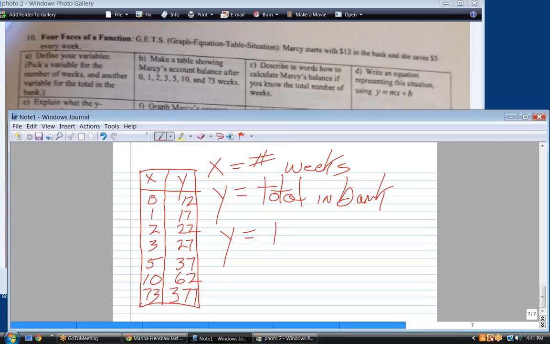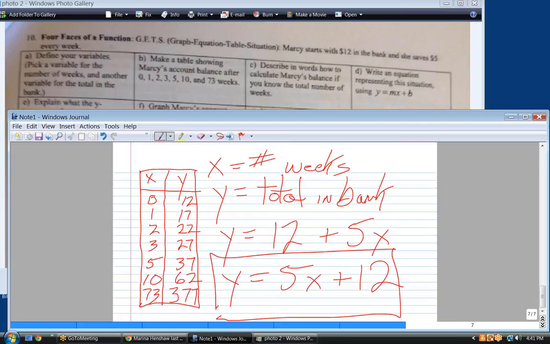Well, the way I actually said it was like this. Now, they want it in y equals mx plus b format, so I would have to switch it around. So that is, in fact, the correct answer, but it's better if you follow the way you state it and then switch it around.